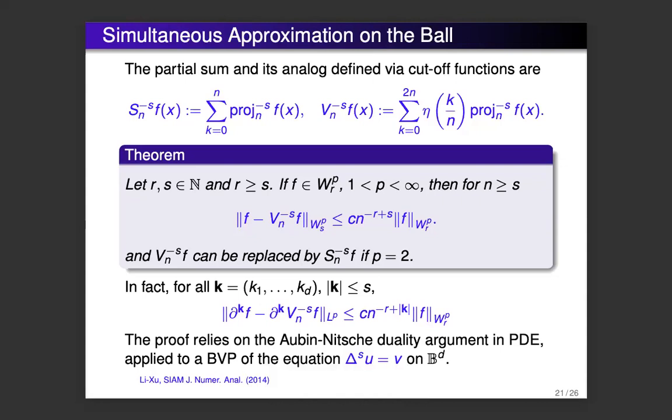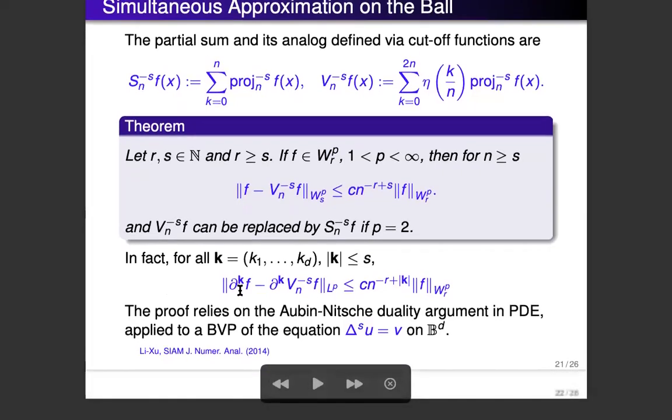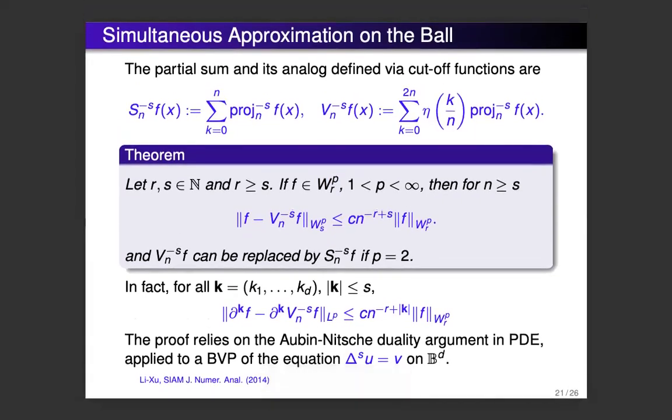You can say a little bit more than that, in the sense that for higher order derivatives you have r plus k. But for our purpose, for estimates for the PDE, this should be enough. While the proof is a little bit complicated, you need some heavy machinery from PDE and boundary value problems.